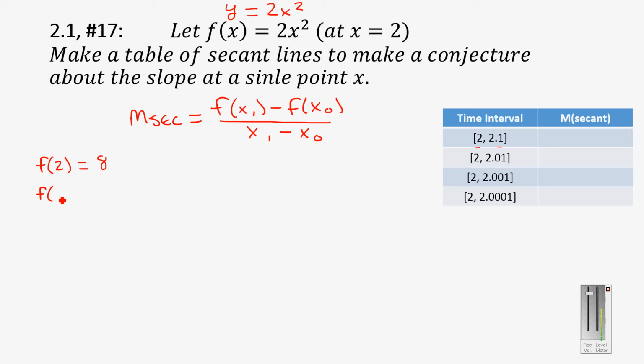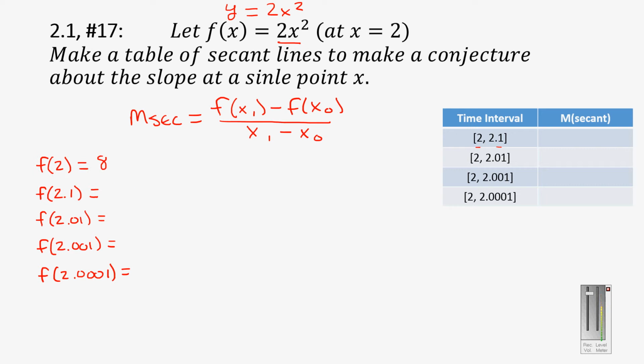I also need to know what f of 2.1 is, what f of 2.01 is, what f of 2.001 is, and what f of 2.0001 is if I'm going to use this. So remember, I'm just plugging the 2 into the function. f of 2 is 8.